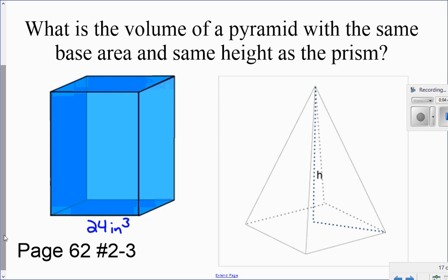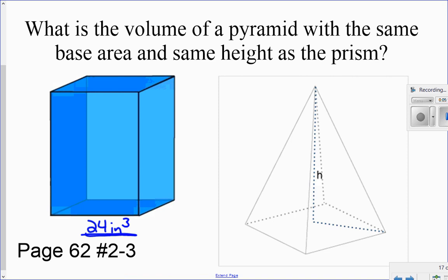So if you recall the relationship we talked about earlier between a prism and a pyramid's volume, the pyramid's volume is 1/3 of the volume of the prism, or the prism's volume is 3 times that of the pyramid. So the one that I know is the 24 inches cubed. That's the volume of the larger figure. So that one holds more volume.